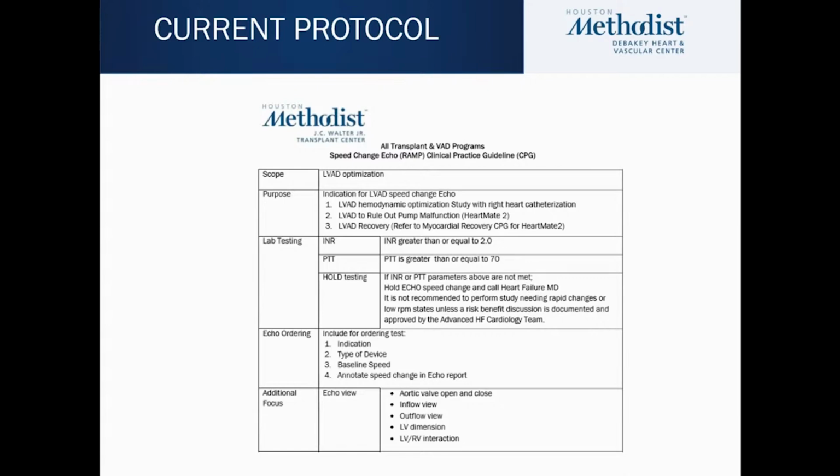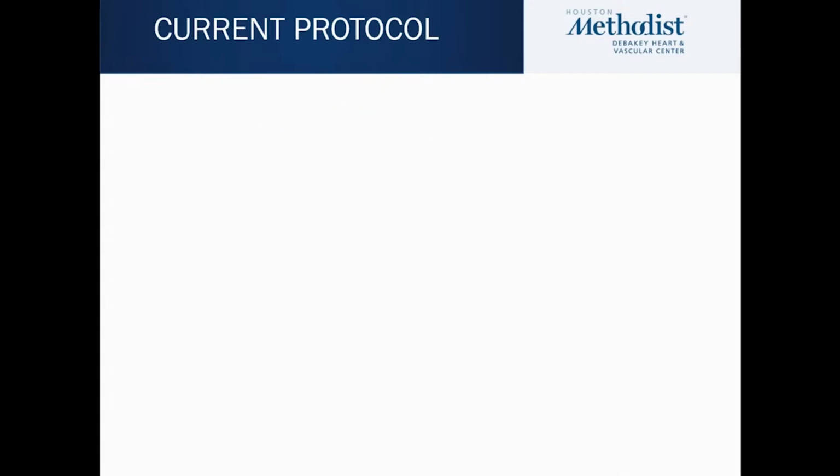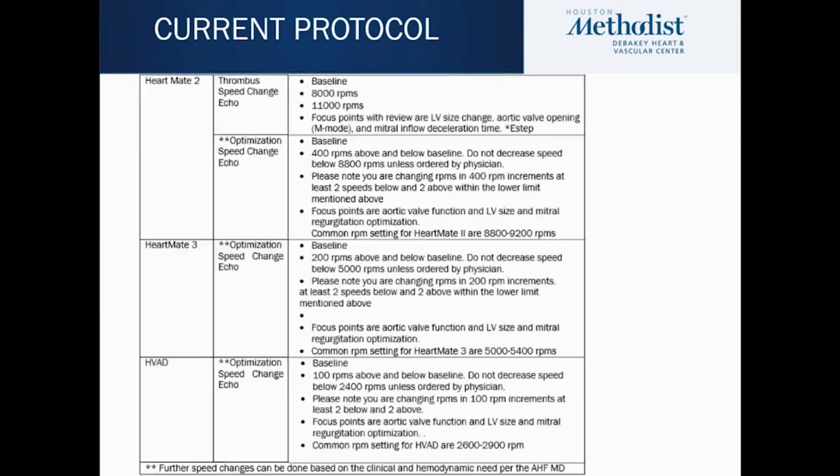This is just a word of caution, mostly because we've had a few patients whose aortic valve was closed, and if they were not therapeutic and their aortic valve opened, and they had an underlying clot that we couldn't see very well on imaging, they ended up getting a stroke or some kind of distal embolization, or an embolus to their coronaries, which resulted in some chaotic events. So we try to make sure the INR is above 2 and PTT is equal to 70. This is just a little bit about the protocol.